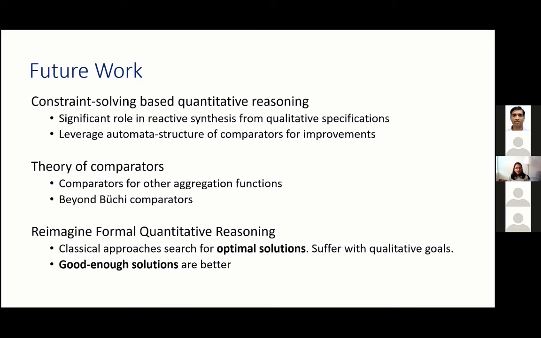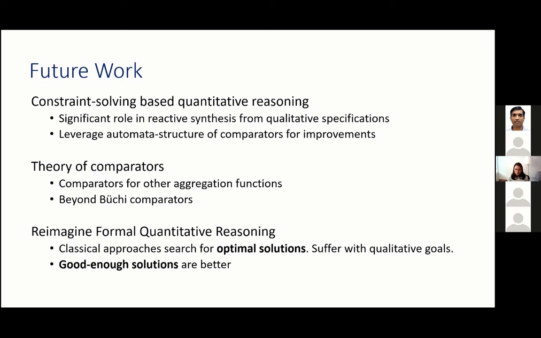So what would be very interesting is to have principled theoretical foundations for when an aggregate function would permit a Büchi comparator and when it wouldn't. For example, we know discounted sum with integer discount factors permits Büchi comparators, and non-integer discount factors does not. A principled theory behind when this can happen would be very useful, and to simply look beyond Büchi comparators.